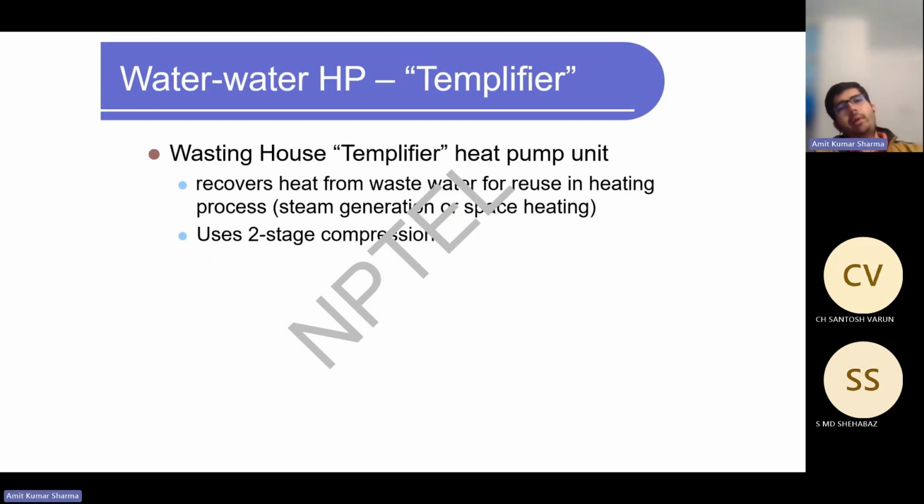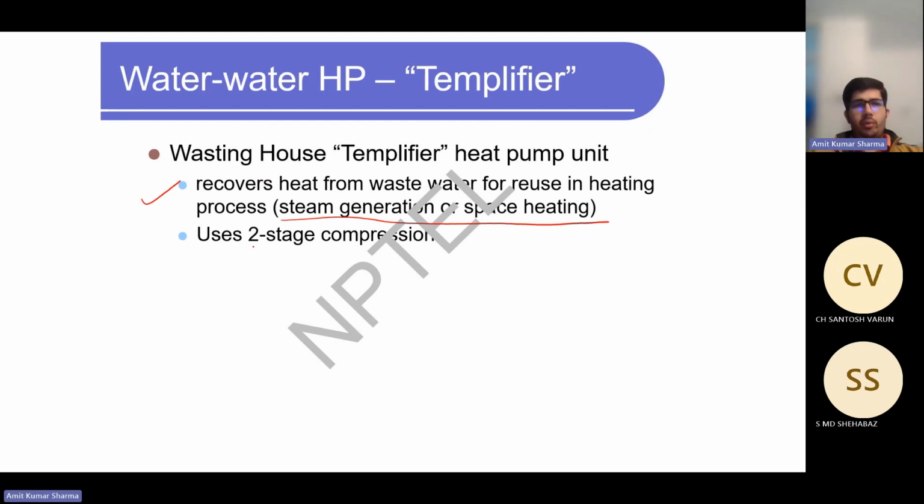So the Westinghouse Templifier heat pump unit recovers heat from wastewater for reuse in heating processes like steam generation or space heating. It uses two-stage compression. So it recovers heat from wastewater for use in heating processes, like steam generation and space heating. So what is the main purpose of the Templifier?